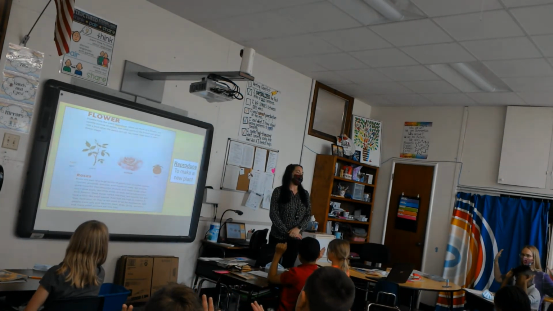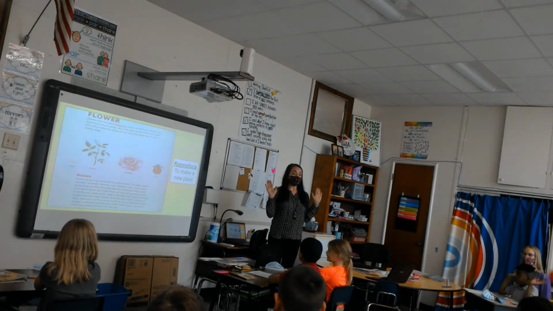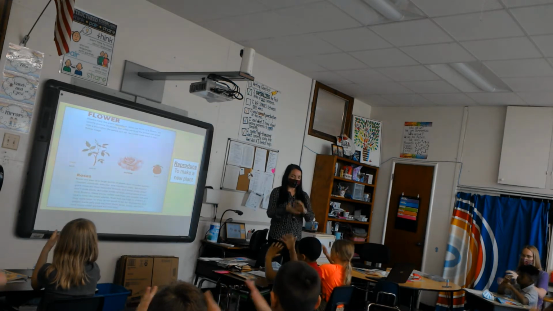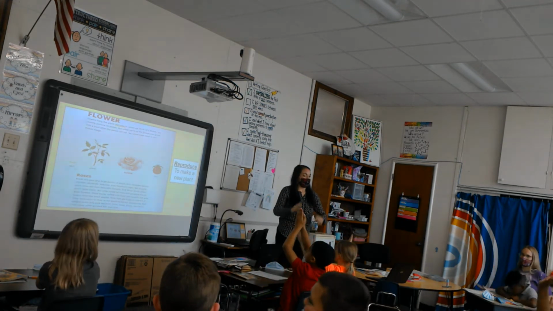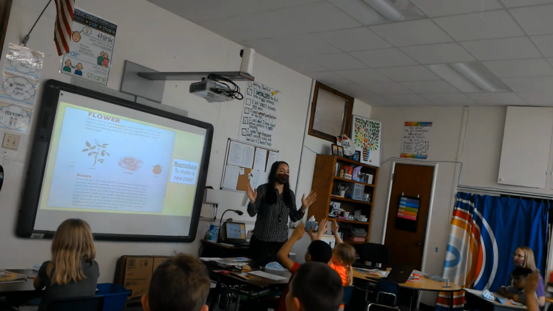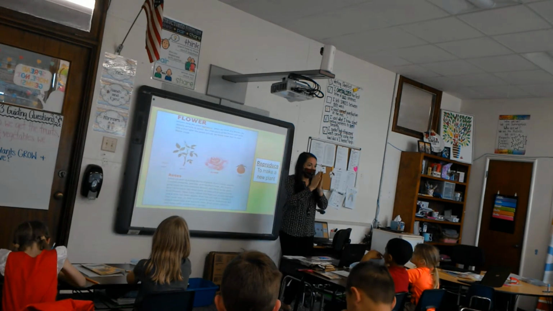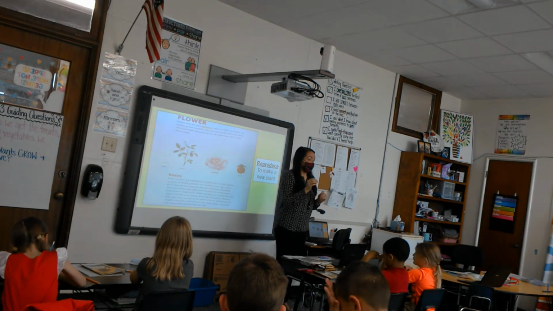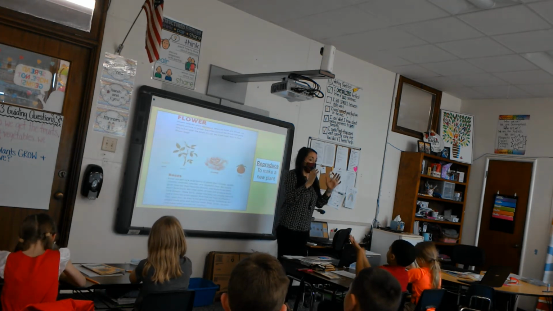Reproduce means to make a new plant. See how I'm becoming a new plant? So it says flowers help the plant reproduce. So that means flowers help to make a new plant.